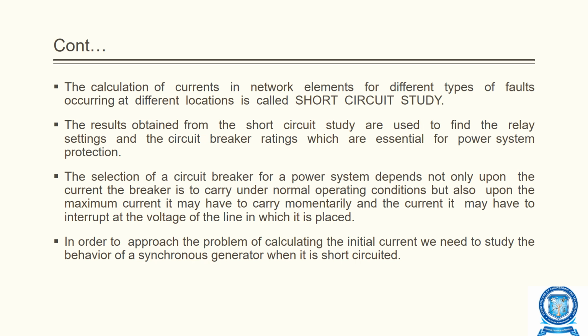Whenever you provide a circuit breaker, you need to check the rated current flowing through it and the maximum current that flows when a fault occurs, so we are going for this short circuit analysis. In order to approach the problem of calculating the initial current, we need to study the behavior of a synchronous generator when it is short circuited.